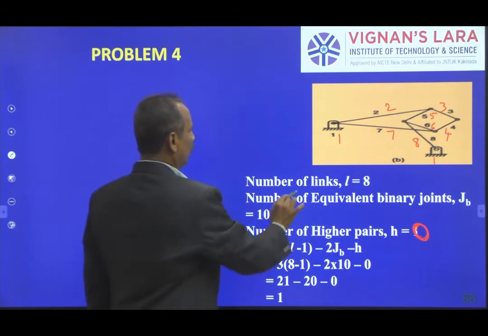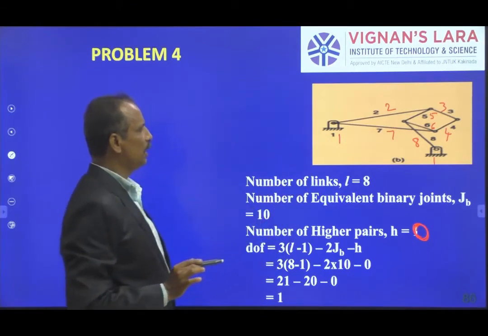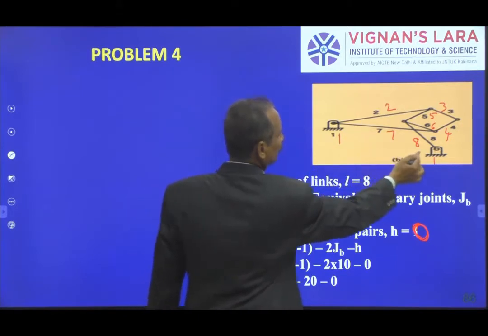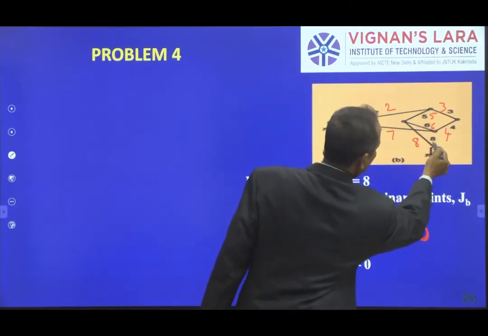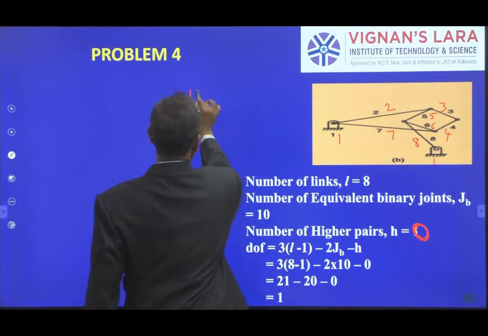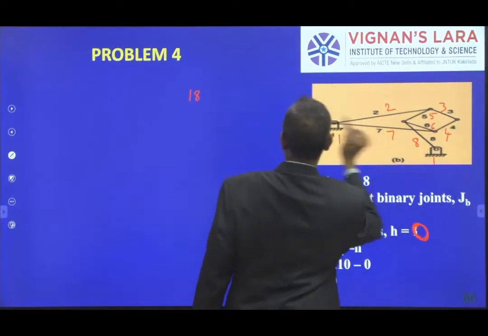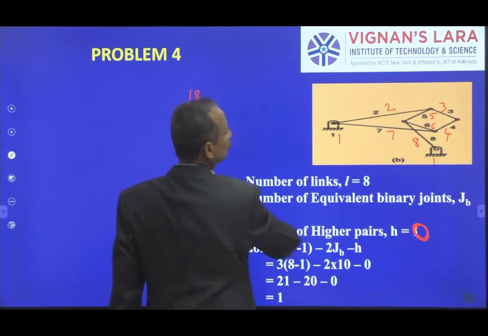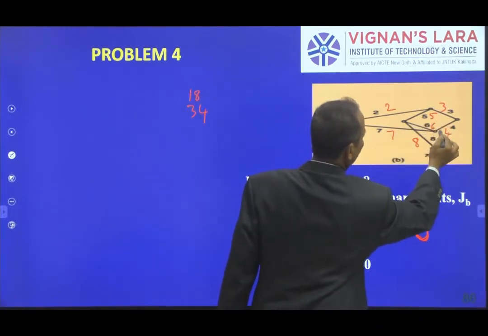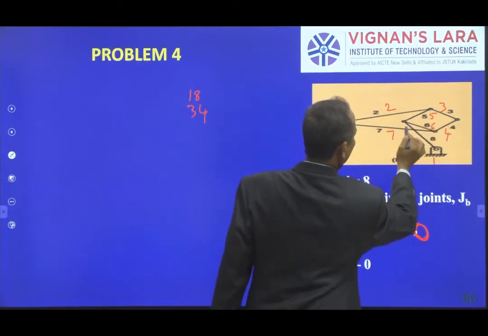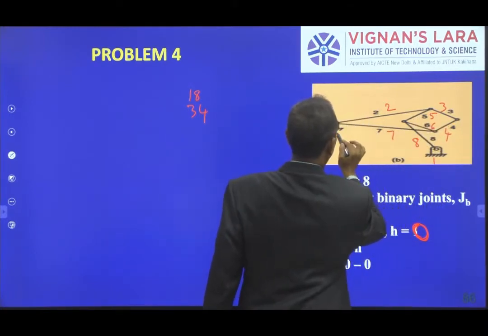Then what about the binary joints with the lower pairs? Come to here. This is 1, 8. Then 3, 4. Then first I am counting the binaries. 3, 4.